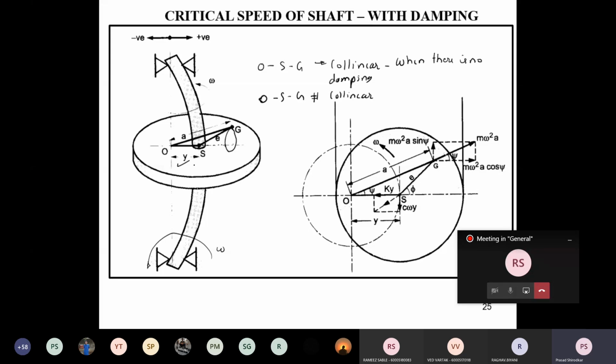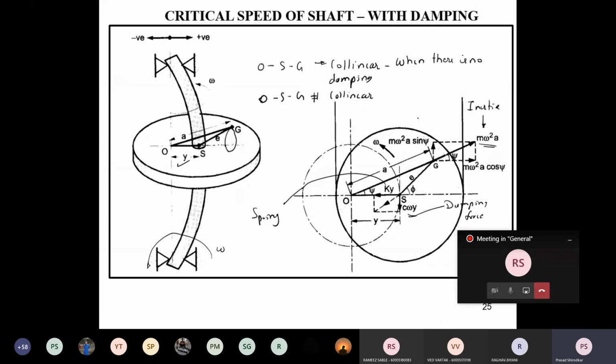In this case you have all three forces that you have to take into account: the inertia force, the damping force, and the spring force.